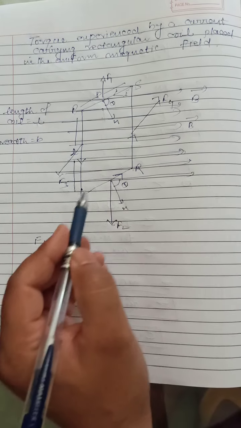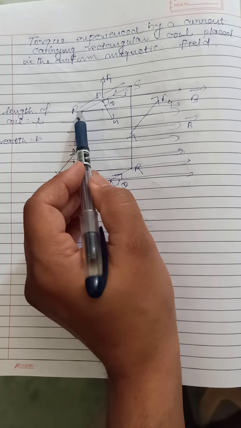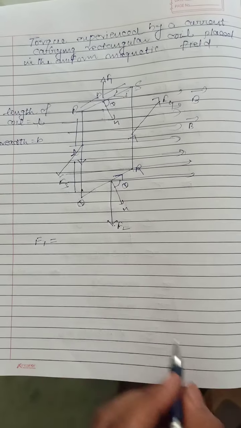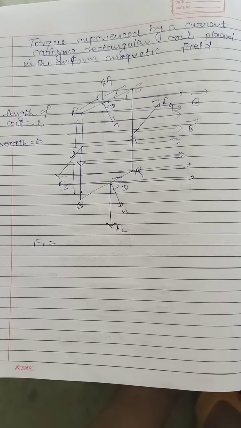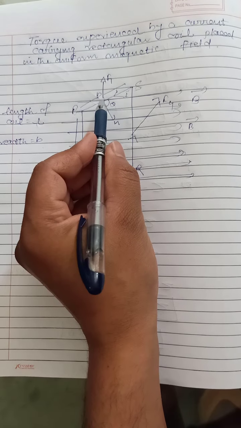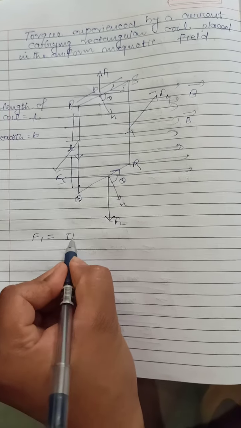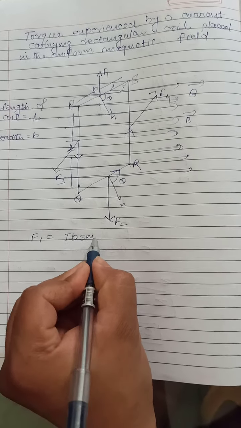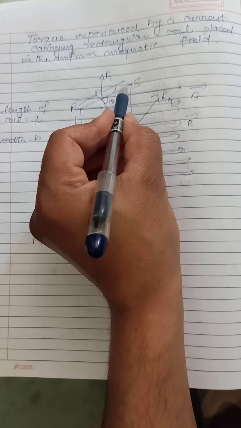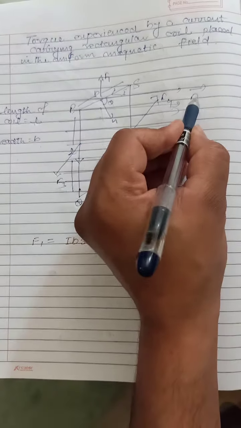So what is the force acting between this PS current element and the magnetic field? We know the standard formula, that is ILB sin theta. Here L is replaced by B, so we write IB sin theta. Now what is theta? Here theta is taken between this current element PS and the magnetic field.